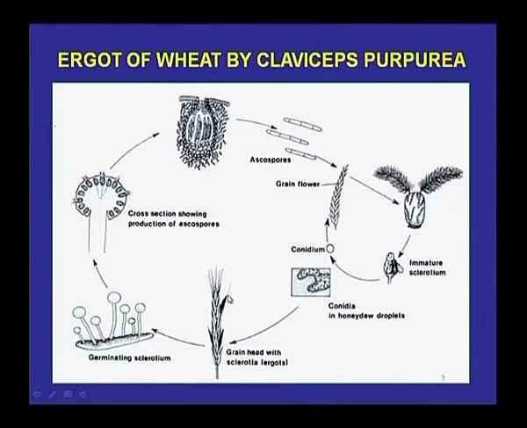The sclerotia of the ergot fungus are grown along with the wheat seed in the field, and when sclerotia germinate, they produce ascospores. These ascospores then infect the growing flowers in the panicles, and asexually the honeydew forms, which is the main symptom of the ergot disease and has spores in it.